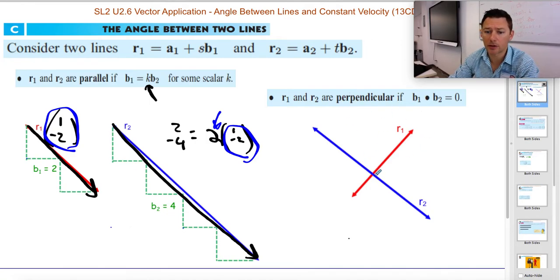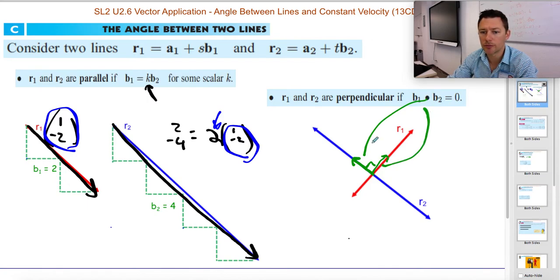Likewise, perpendicular lines have the property that one direction vector has no component in the other's direction vector. So the dot product of the two direction vectors, b1 and b2, should be 0.